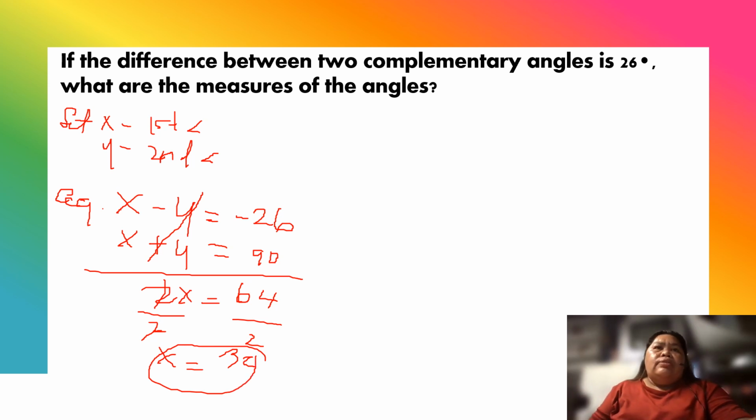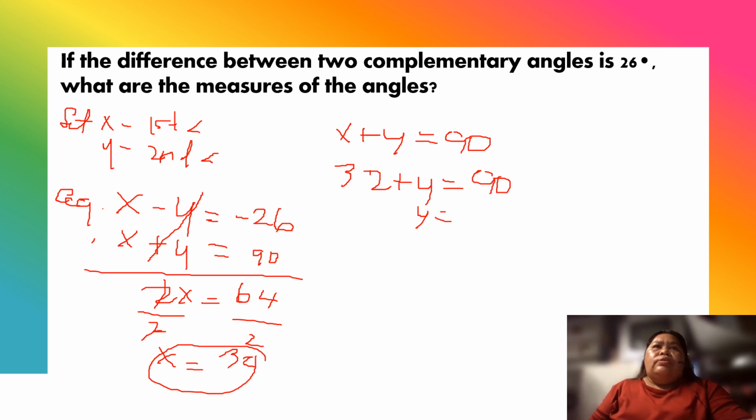Then how do we get the second angle? We will use this one. So x plus y equals 90. Therefore, this is 32 plus y equals 90. Bring down y.